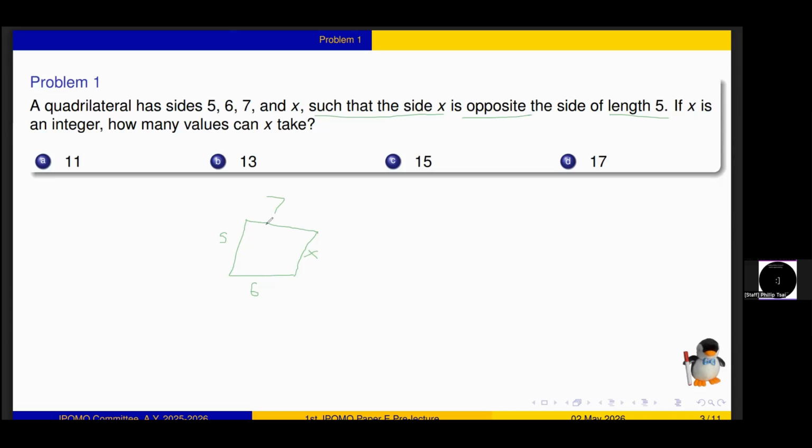So firstly, what do we know from, let's say, this triangle? Let's call it ABCD actually, so that we don't get lost. What do we know from triangle ABC and ADC?